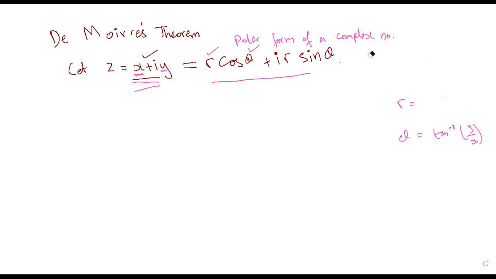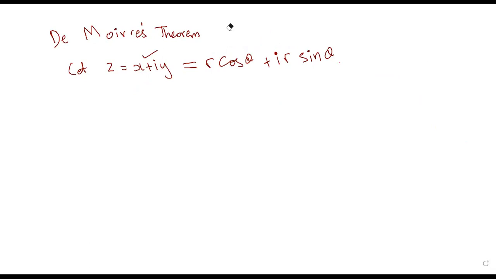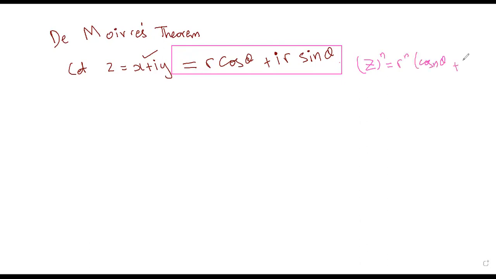Now we were talking about the theorem. So this is not the theorem. Basically, the theorem is a bit different. If z is a complex number, and it can be written this way as well, then you should know that z to the n is basically written as r to the n cos n theta plus iota sine n theta.